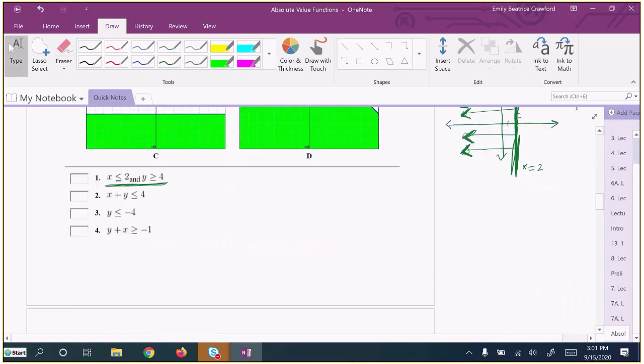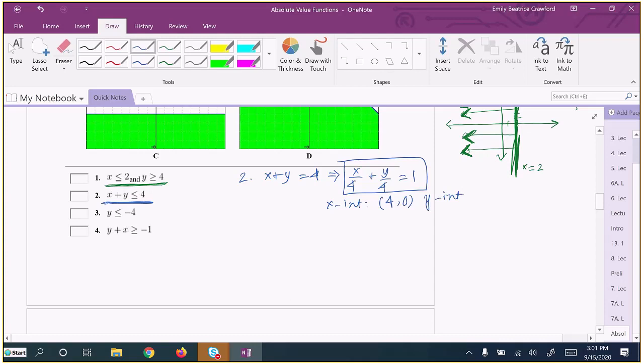Let's go ahead and do the next one. This time we are doing x plus y is less than or equal to 4. So this time you have only one straight line. Again, think of this as x plus y equal to 4 and draw the line. Now remember, we can write it in the standard form and we will get x over 4 plus y over 4 equal to 1, which means the x-intercept for this line is (4, 0), and the y-intercept for this line is (0, 4).